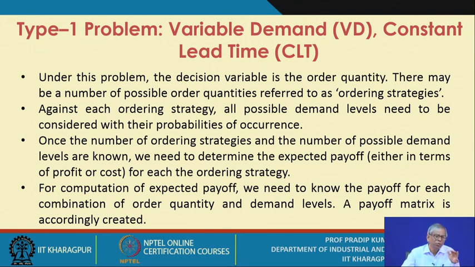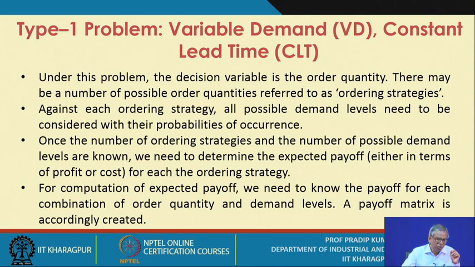And then against each ordering quantity or ordering strategy, considering all the possible demand levels and their probabilities, you need to determine the expected payoff. So if you have 10 possible order strategies, you will have 10 expected payoff values, and out of these 10 expected payoff values, which one will you select?